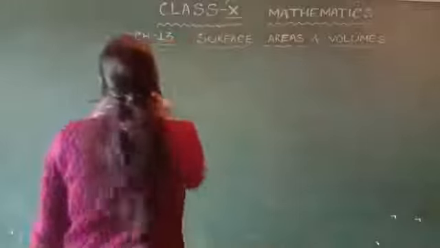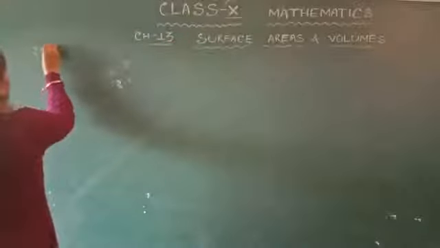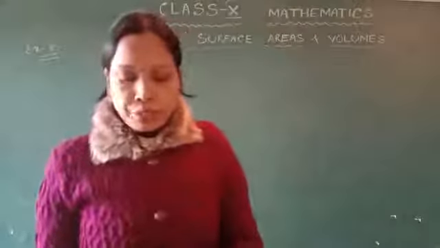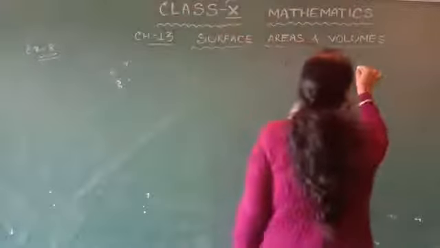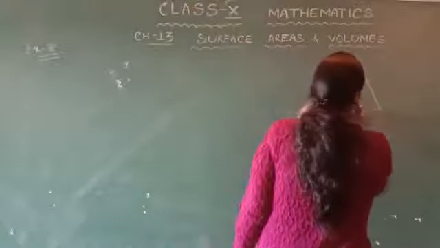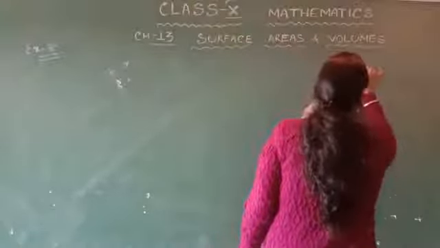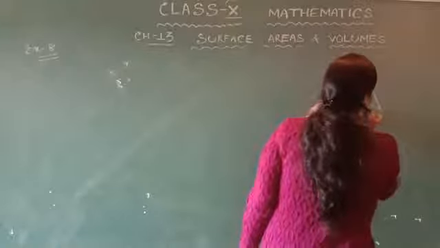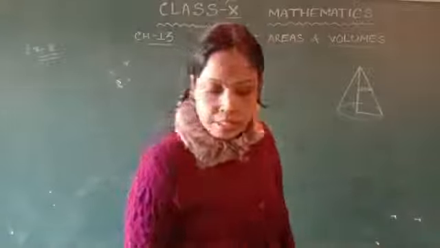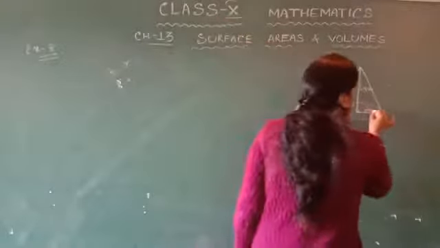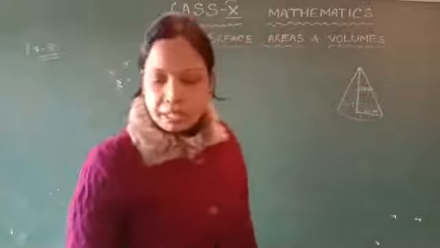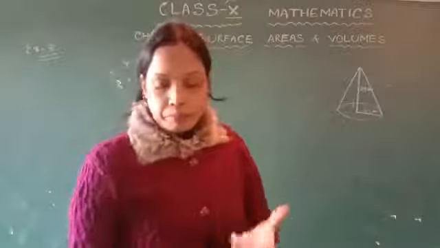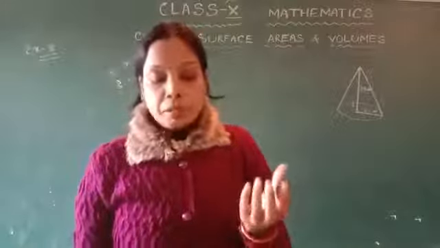So see here, example 8. A cone of height 24 cm, here this is a cone of height 24 cm and the radius of the base is 6 cm, and it is made up of modeling clay.